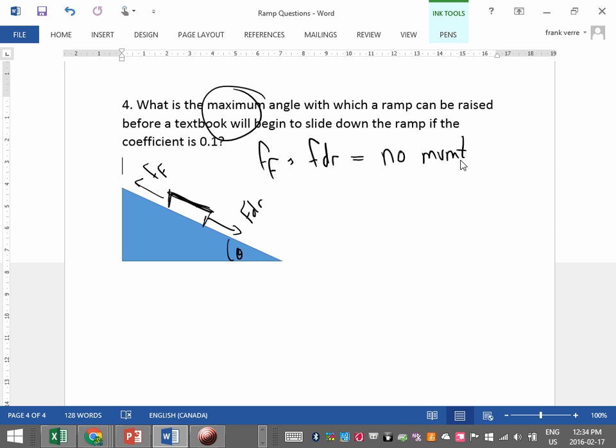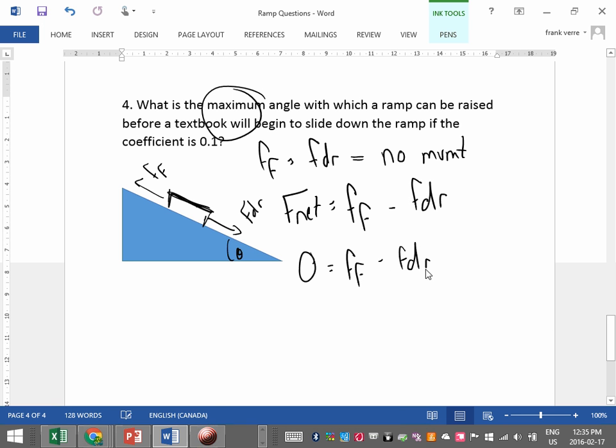Okay? Alright, so this is what we know. Net force would have to be this. Correct? And if the net force is 0, then what happens? Nothing. Correct? The net force is 0, nothing happens. Okay? So then we could say FF would have to equal force down the ramp.